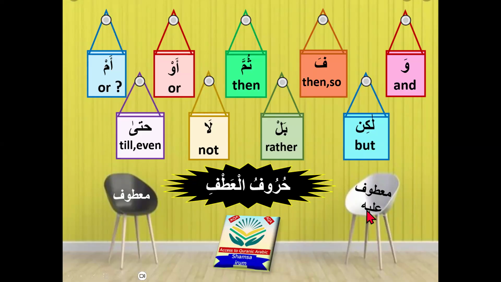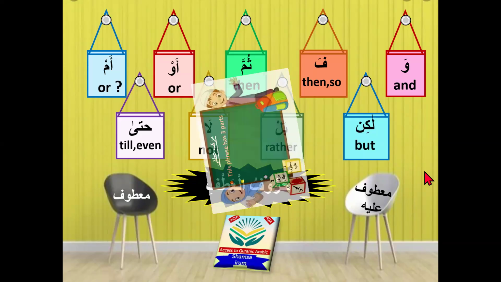So Ma'tufun alay, then harful atf, any harf from this list will be here in the middle, and then ma'tuf. So this is the sequence of the Murakab Atfi, the conjunctive phrase. This slide is very important. If you want, you can take a screenshot of it, so you can remember the Murakab Atfi.